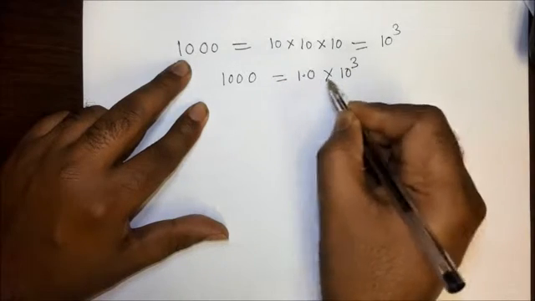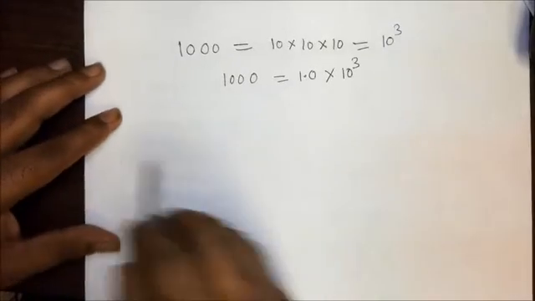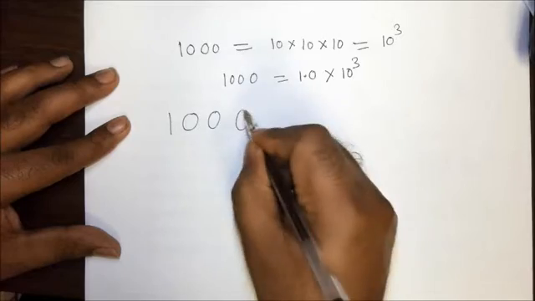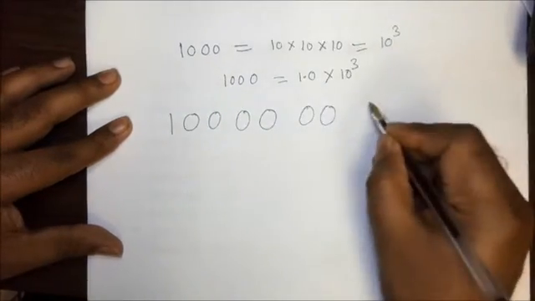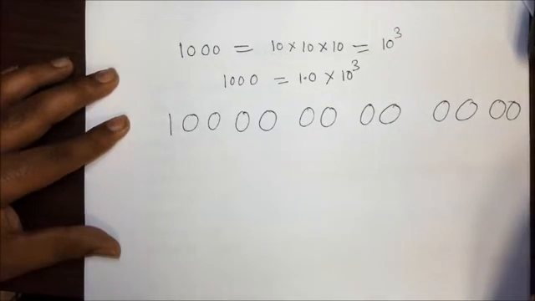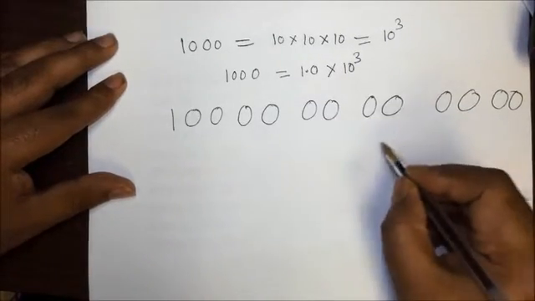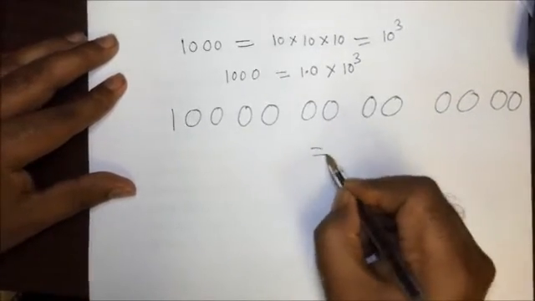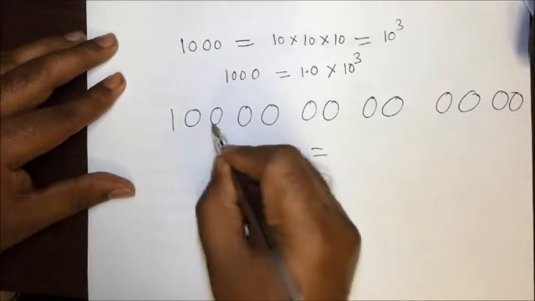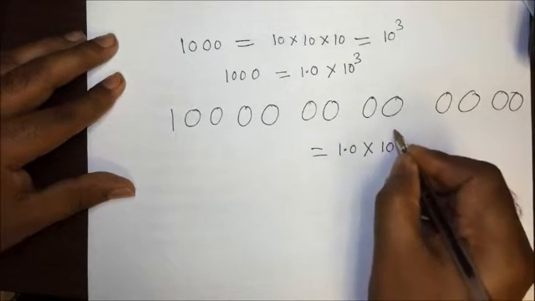Very similar, if you have a big number like 1 followed by lots of zeros and you want to write it in a small space, let's see how many zeros: 2, 4, 6, 8, 10, 12. 12 zeros are there, so 1.0 times 10 to the power 12.